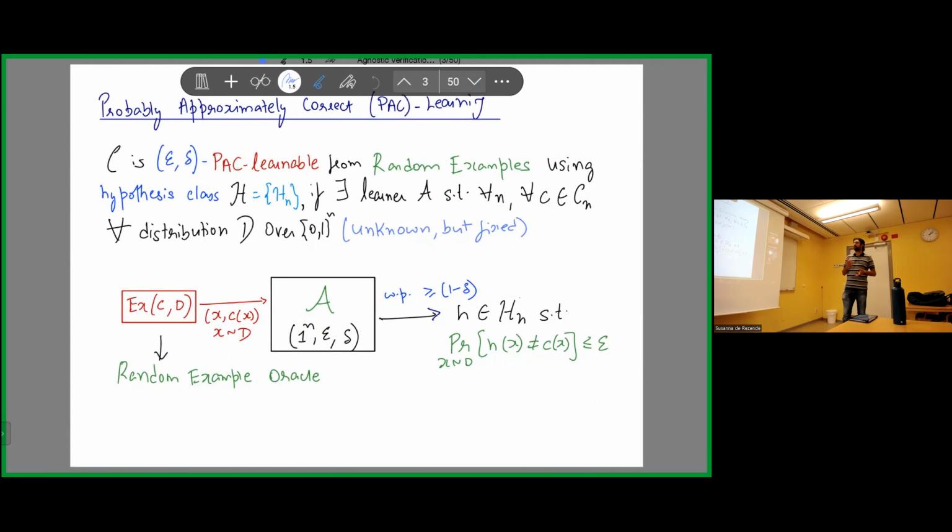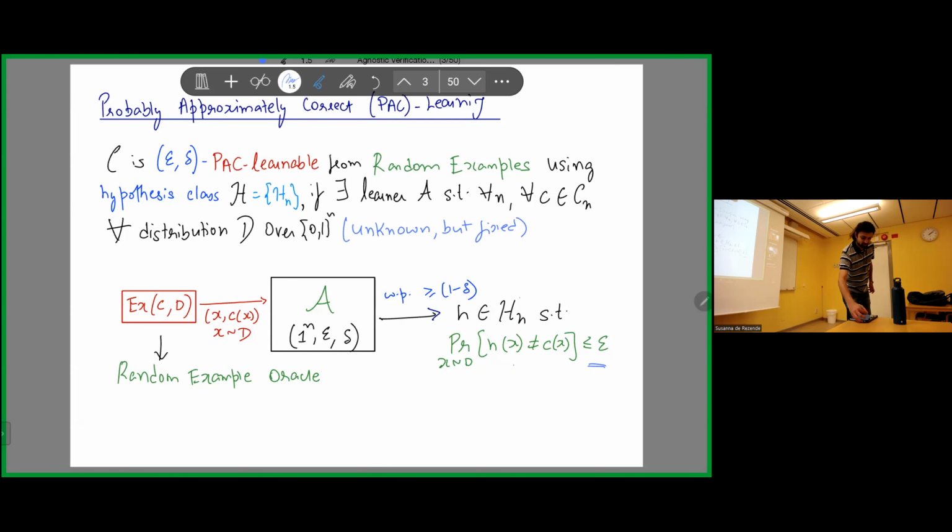This is formalized in the PAC learning model by Valiant, and we say that a class C is epsilon-delta PAC learnable from random examples using a hypothesis class H, which could or could not be C itself, if there exists a learner which gets examples from some fixed but unknown underlying distribution over {0,1}^n, and for any such distribution and any unknown target, the learner takes random examples of the form (x, c(x)), which is just an example and label from the unknown target according to the distribution D, and outputs a hypothesis such that, with probability at least 1 minus delta, the error of the hypothesis with respect to the unknown target is at most epsilon. This is called the random example oracle.